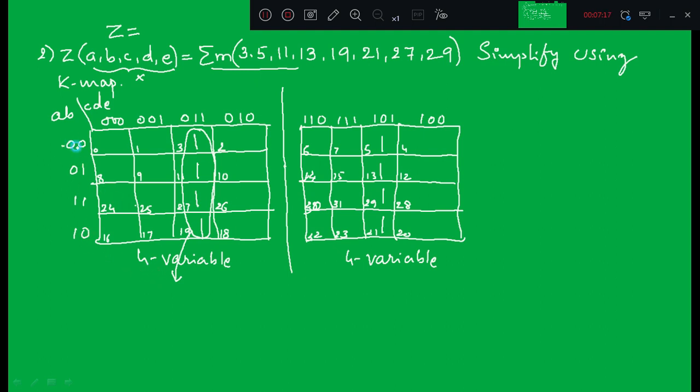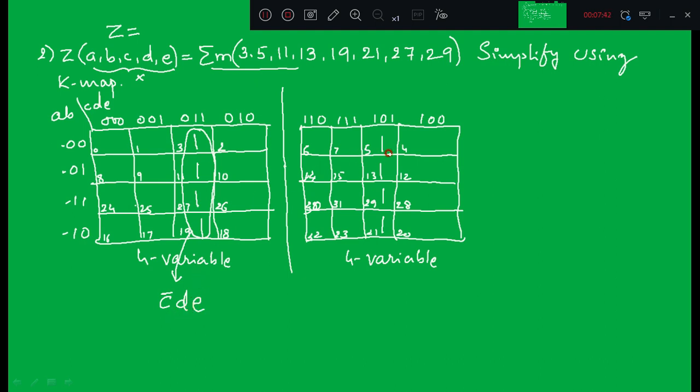A and B. You are grouping all the ones along a column, right? So that means A and B are complement to each other, so A, B will not come into the picture, and the only term for this grouping is C bar, D and E, right?